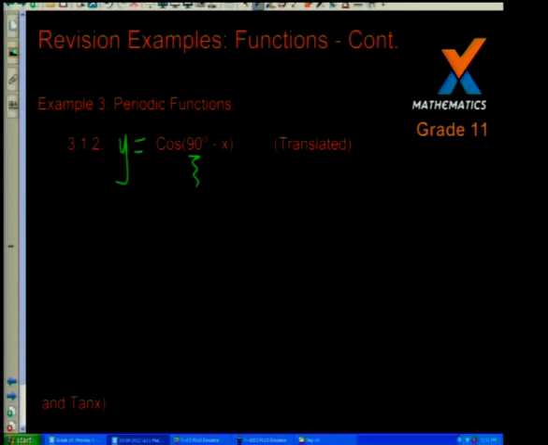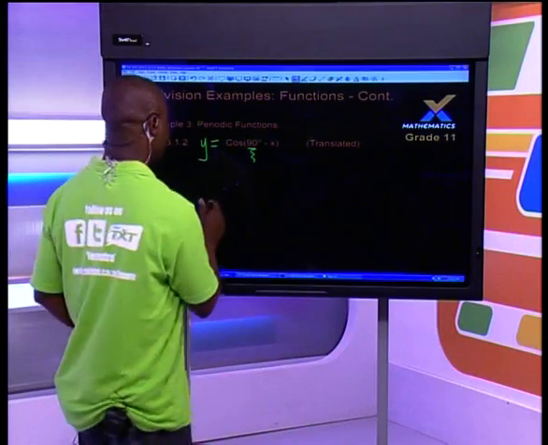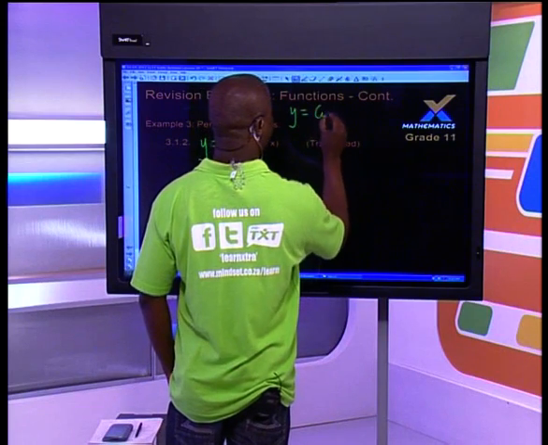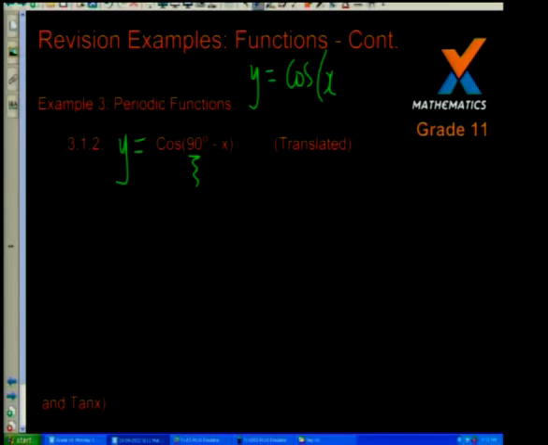But then again, notice that you've got 90 minus x, which is not the same as x minus 90. So usually the form that comes up is y equals cos of x minus some angle, something like that.